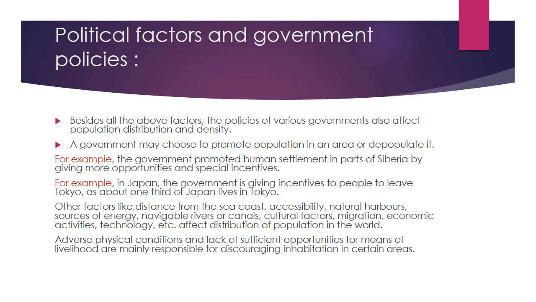Now they have given two examples. One is of promoting the population and the second is of depopulating. The government promoted human settlement in parts of Siberia by giving more opportunities and special incentives.